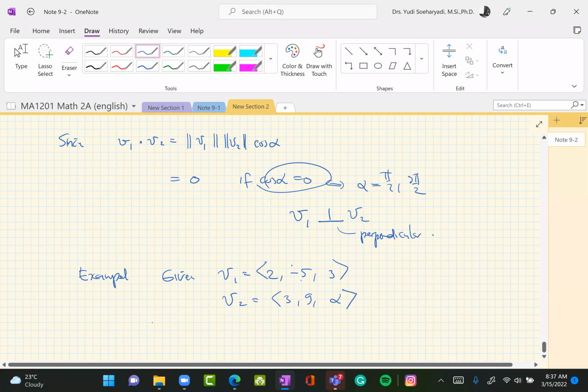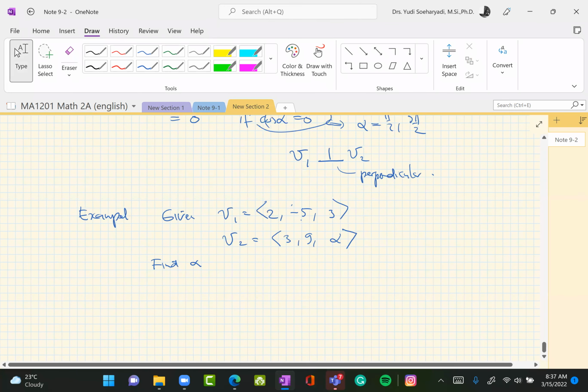The question is, we need to find alpha so that V1 is perpendicular to V2.